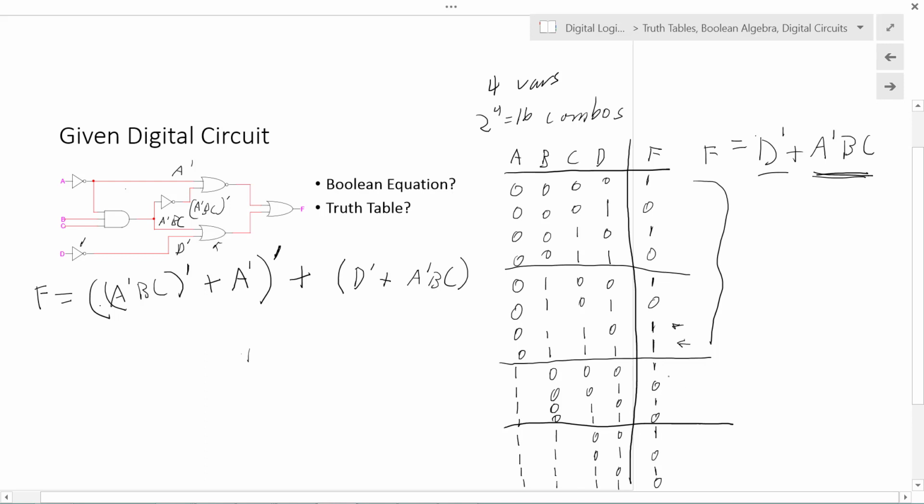And so we have a truth table here for this digital circuit. We also have the unoptimized Boolean equation, and we now can develop an optimized digital circuit. Notice that F is equal to F, so regardless of how we implement our digital circuit or Boolean equation, how we represent the Boolean equation, whether it is optimized or unoptimized, the truth table is always the same.